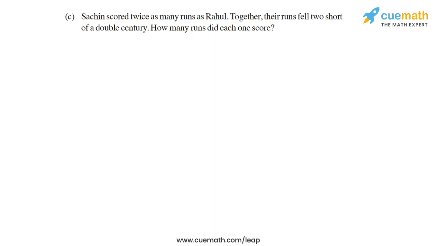In part C, the statement says Sachin scored twice as many runs as Rahul. Together, their runs fell short of a double century. A double century is 200 runs. How many runs did each one score? The runs scored by both Sachin and Rahul are unknown, but we know that Sachin scored twice as many runs.